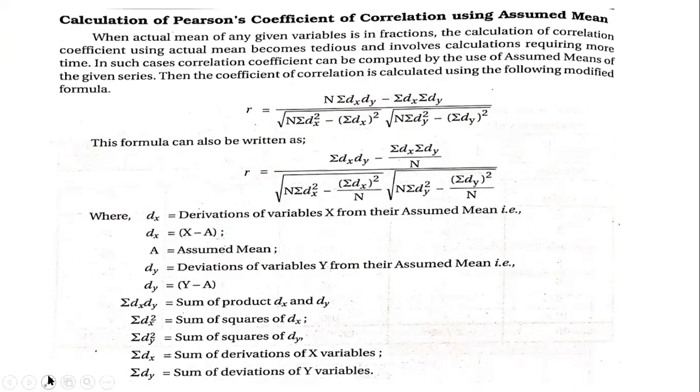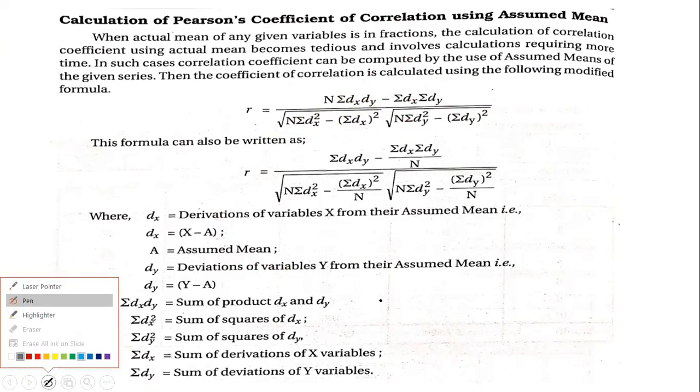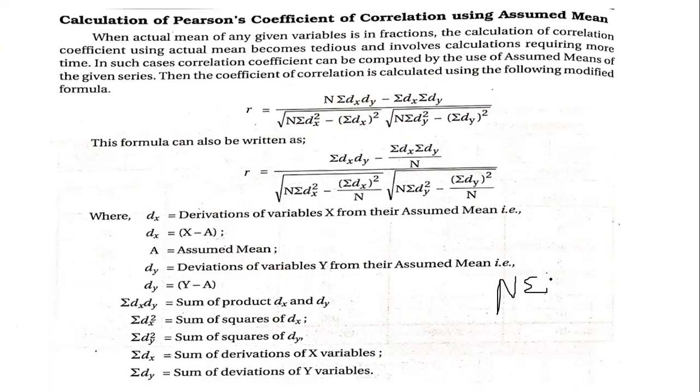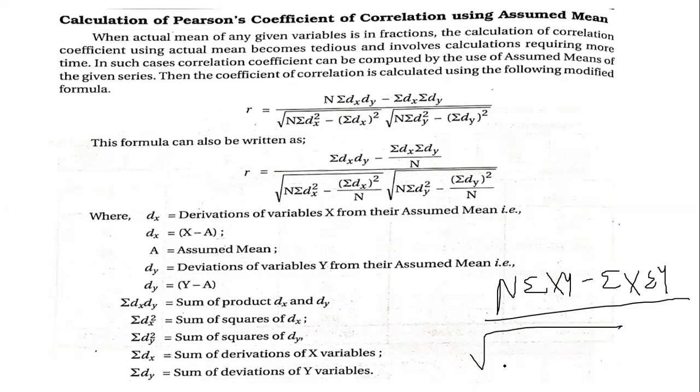Now in the actual data, if you remember the previous problems we solved, what was the formula there? n into sigma xy minus sigma x into sigma y, the whole divided by square root of n into sigma x square minus sigma x the whole square, again square root of n into sigma y square minus sigma y the whole square.